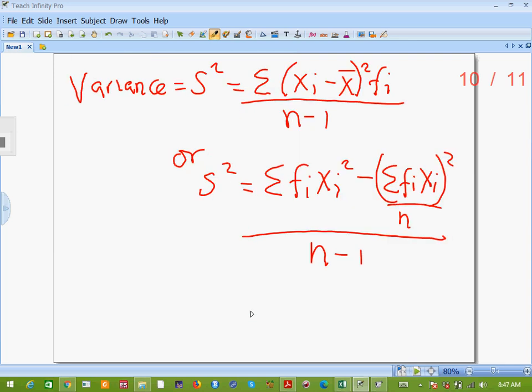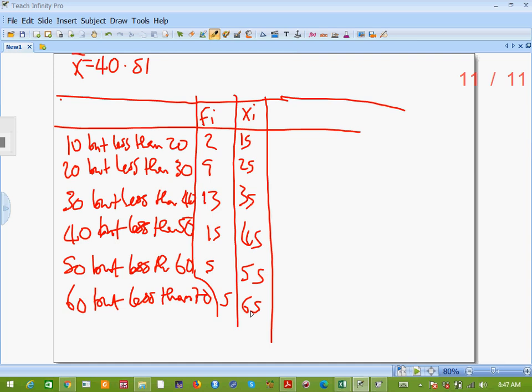So from the formula, we need to find the term xi minus x bar squared, then multiply by fi. So we first start with xi minus x bar, that column.